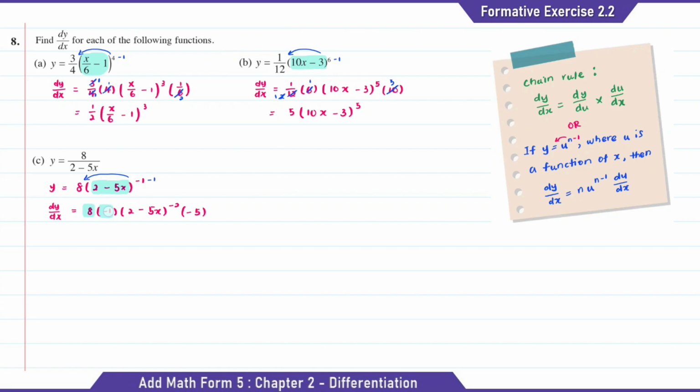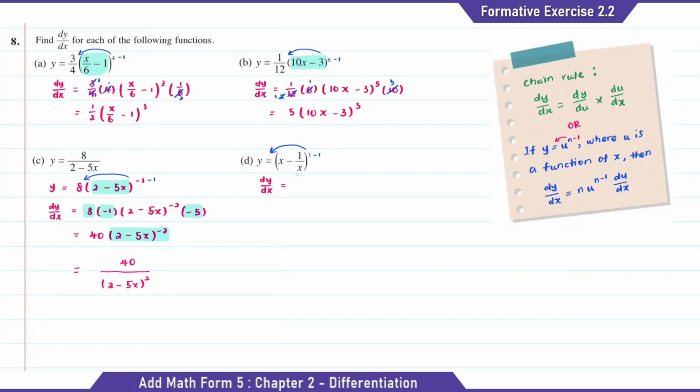Next, multiply the 8 with the negative 1 and negative 5, which is equal to 40. As for this part, to write the power as positive, the answer will be 40 over bracket 2 minus 5x to the power of 2.